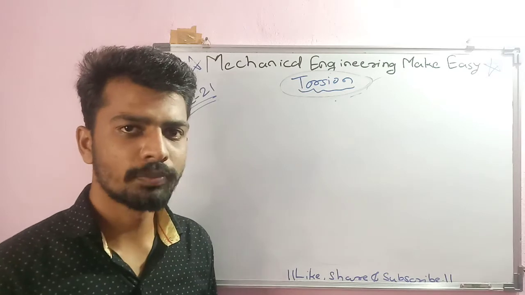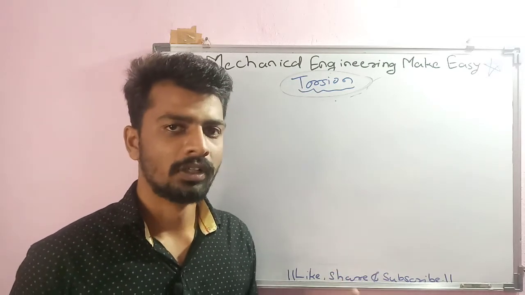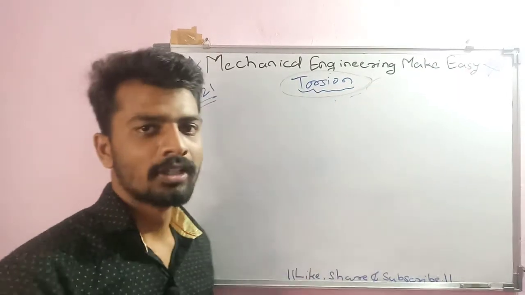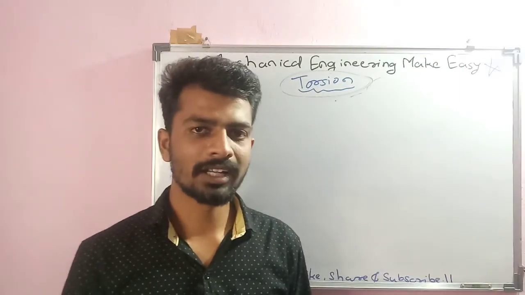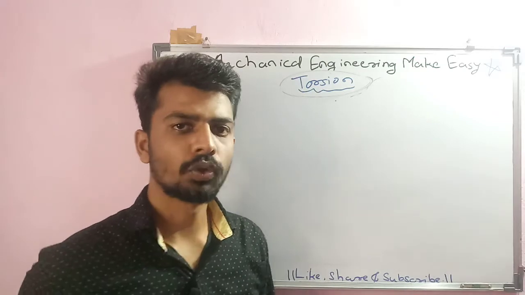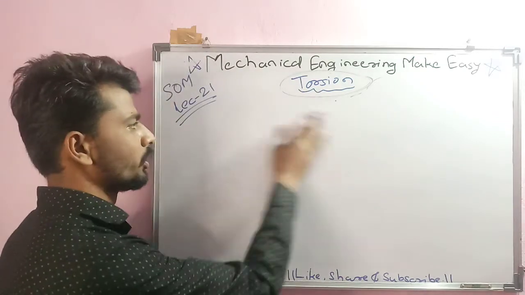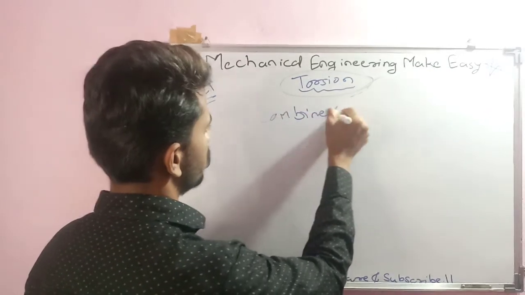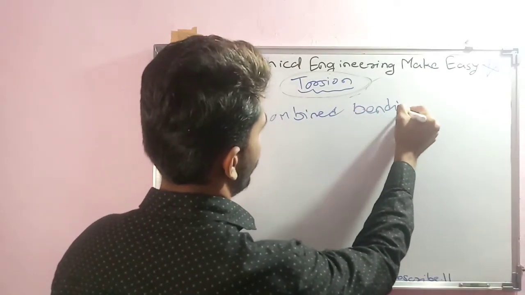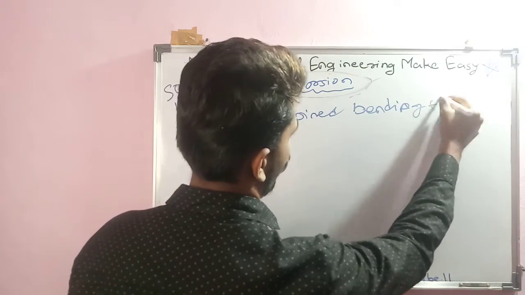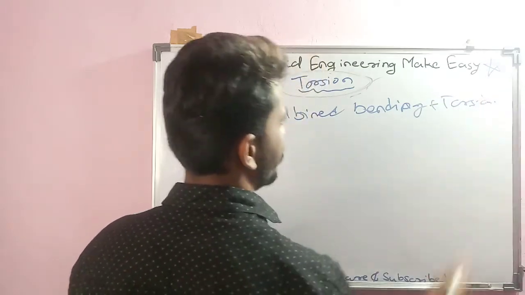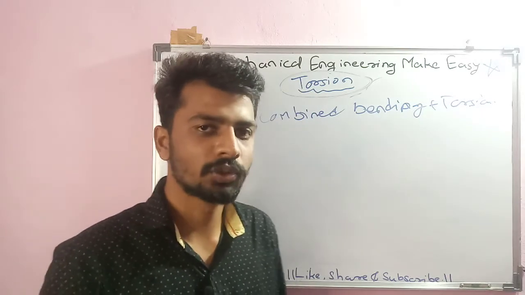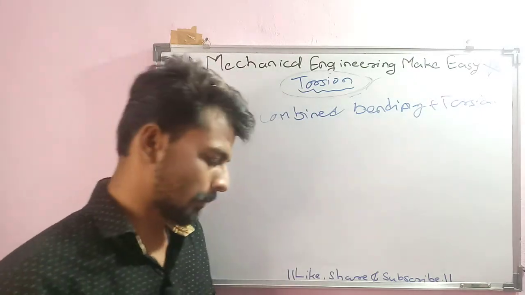In that case we assumed the member is only subjected to bending, and in torsion we assumed the body is only subjected to torsion. But now we are going to study combined bending plus torsion. In this case ultimately the stresses and parameters will change, so the formulas will look different now.